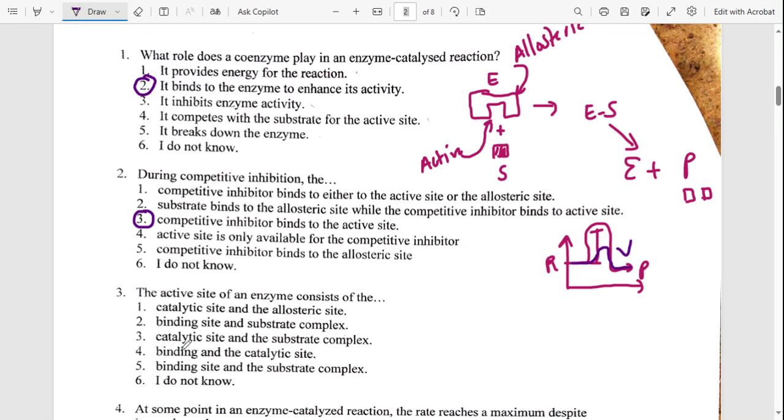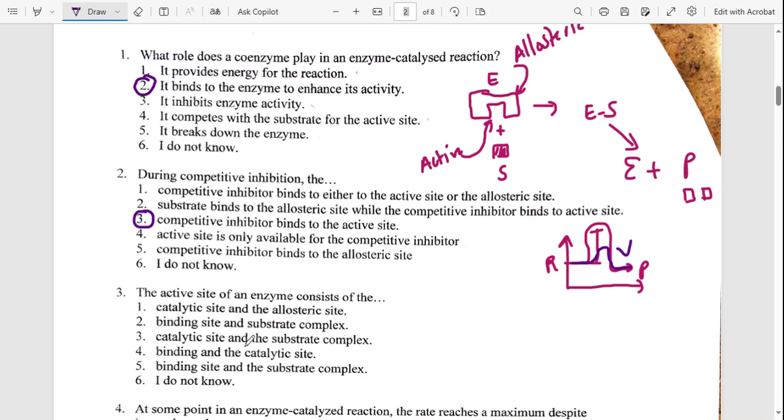That's why you actually find the substrate. So catalytic site and the allosteric site, there's no allosteric site in the active site. Binding and substrate complex: of course the substrate is going to bind to the active site.